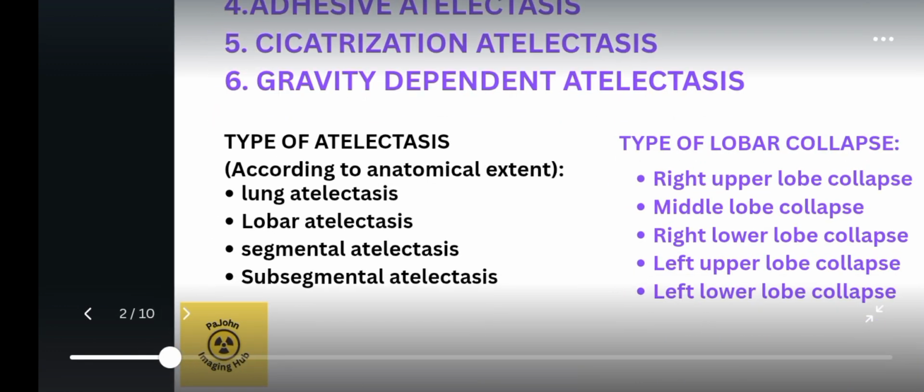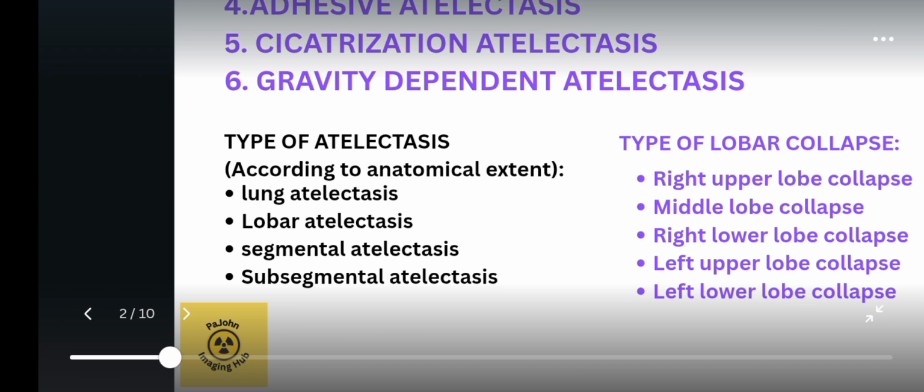Then we'll look at types of atelectasis based on anatomical extent, the extent of the part of the lung they cover. We have lung atelectasis, where one lung is collapsed, which could be right lung atelectasis or left lung atelectasis.